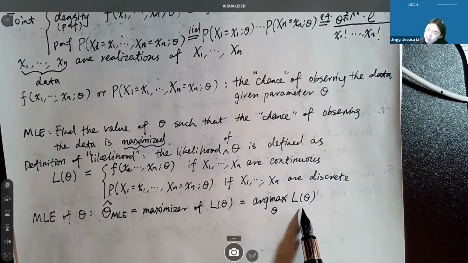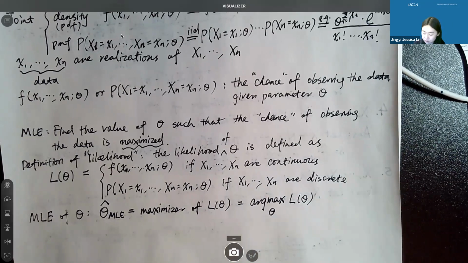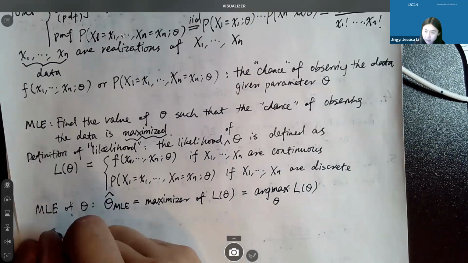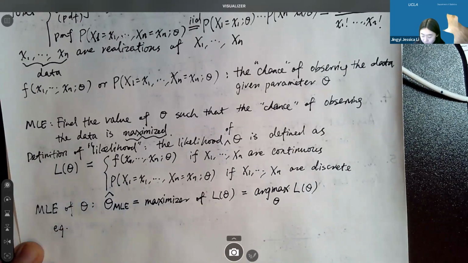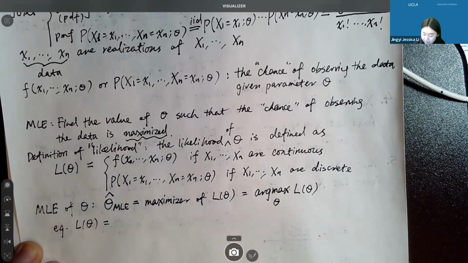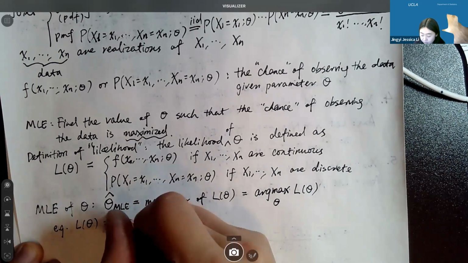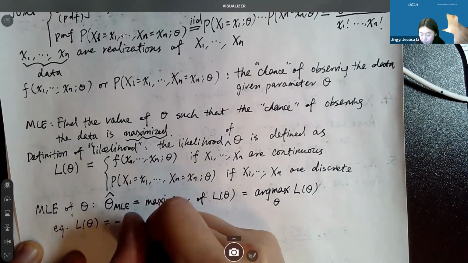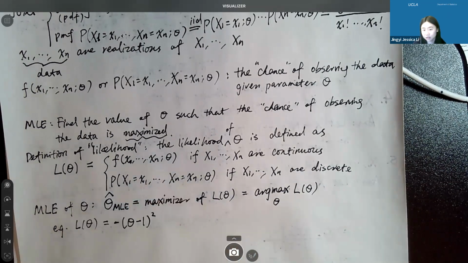To give you a sense of what we mean by maximizer, let's take a look at one example I'm just making up. If L theta takes this form, let's say negative theta minus 1 squared, this is a simple quadratic function, and people should be able to visualize what the shape looks like.